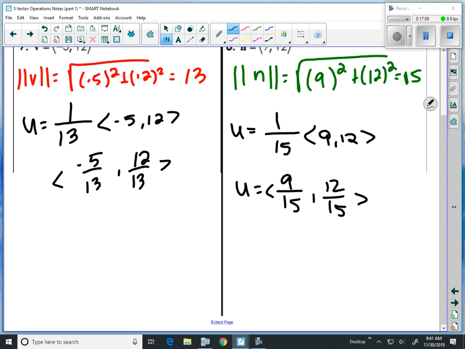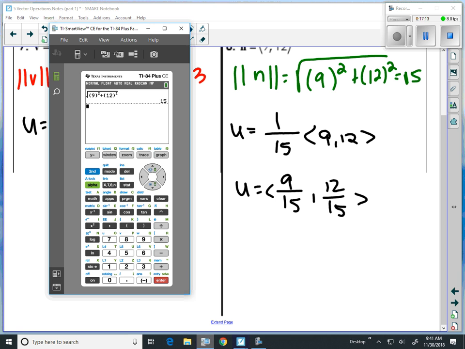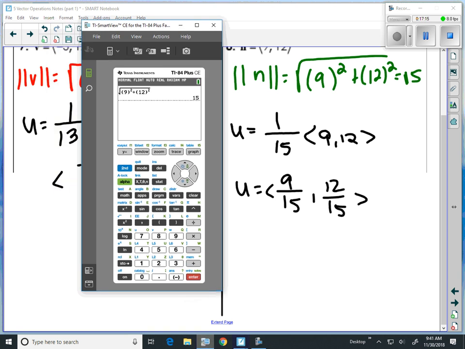We need to reduce that fraction. Here's how to do that if you're not good at reducing in your head. Go into your calculator, type in 9 divided by 15, enter, math, enter, enter. It'll give you the reduced fraction. It'll tell you 3/5.